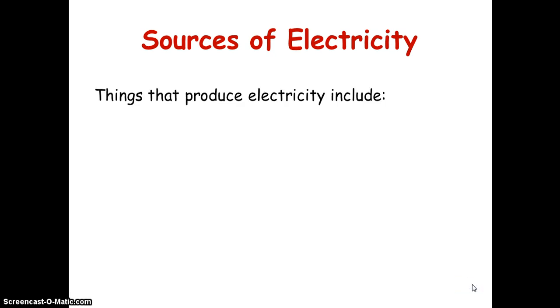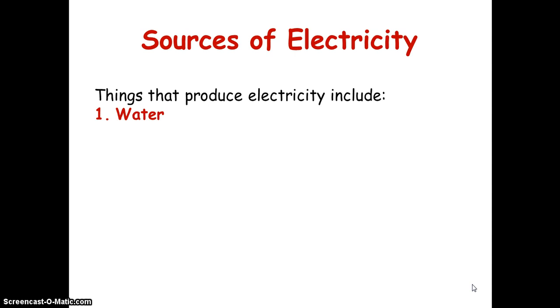Okay, let us look at sources of electricity. When we say sources of electricity, we are looking at things that produce electricity. Things that produce electricity include the following. Water. Well, you may wonder, how does water produce electricity?